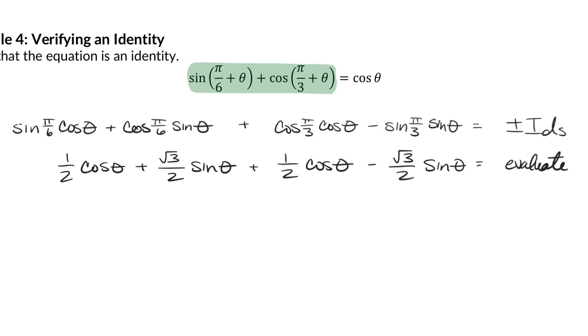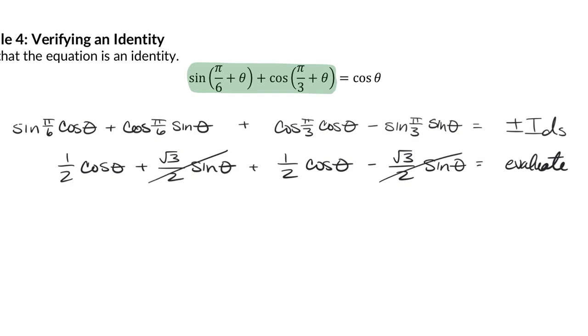What do you notice? What else do we notice? There's something nice that's going to happen. Cancel the signs. One of them's positive, one of them's negative. Positive square root 3 over 2 sine of theta and negative square root 3 over 2 sine of theta cancel out.